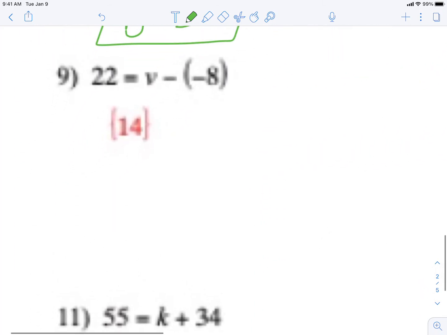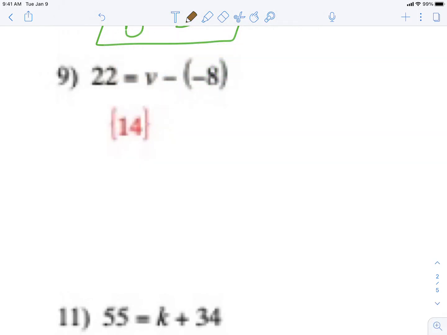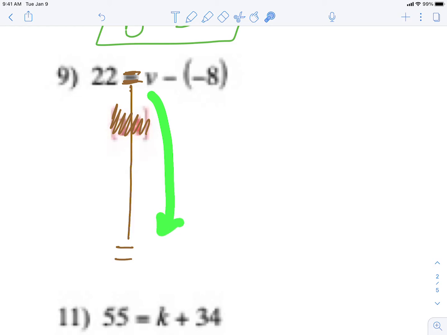Number 9. New line, new color, right? What haven't I used? It's brown. All right, so again, here's the equal sign. So let's cross out 14, draw our line of separation, equal sign. So my V is what's going to come down.